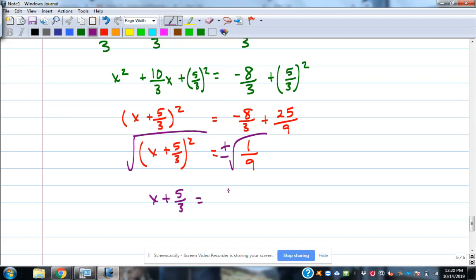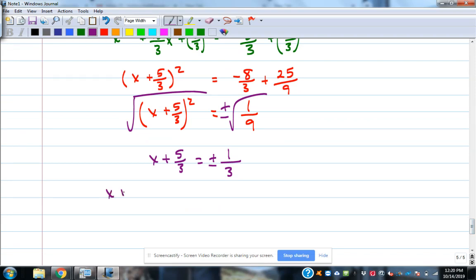The square root of 1 is 1. The square root of 9 is 3. So we got plus or minus 1/3 over there. Can I work that out? Yeah, because they're both just fractions. So x plus 5 over 3 equals positive 1/3. x plus 5 over 3 equals negative 1/3.